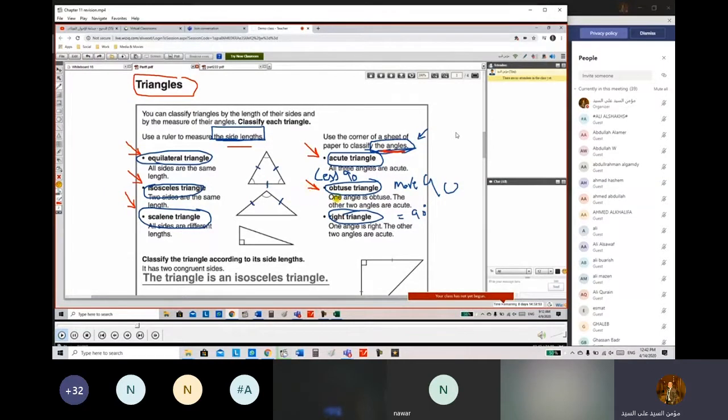And we have here obtuse triangle, more than 90, and the last one, right triangle, equal 90 degrees.